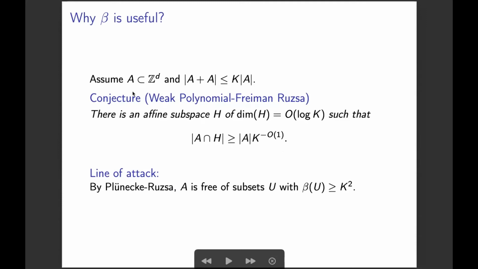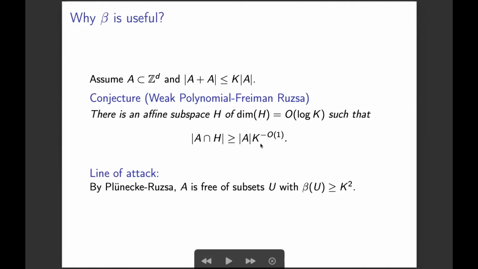The conjecture, which is called the weak polynomial Freiman lemma conjecture, says that actually, if |A+A| is less than K|A|, then a large portion of A can be contained in an affine subset of dimension logarithmic in K. This is a logarithmic improvement over the Freiman lemma that we discussed in the beginning, which gives you basically dimension equal to K.